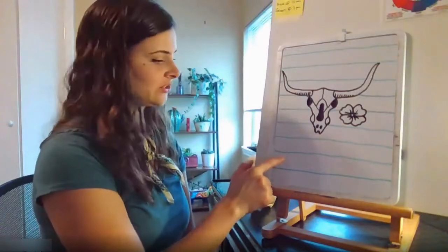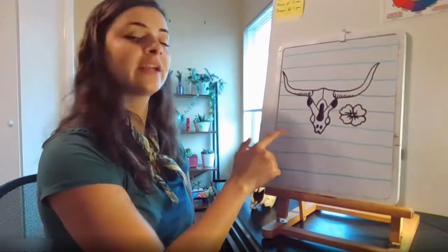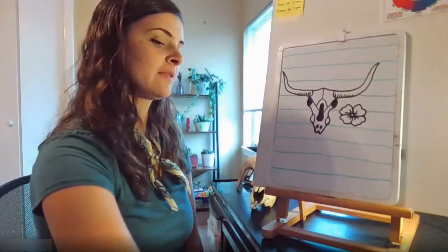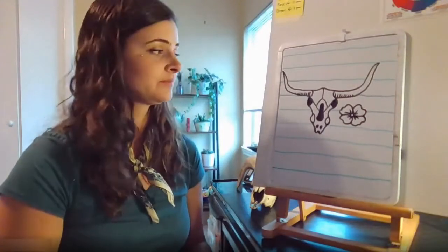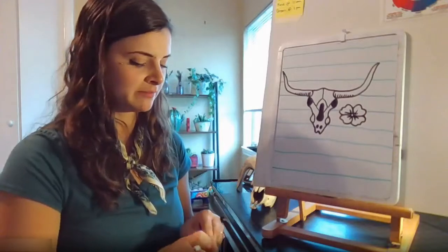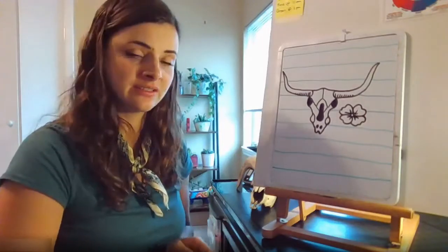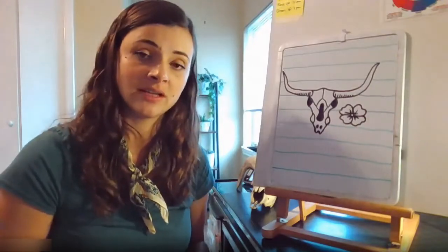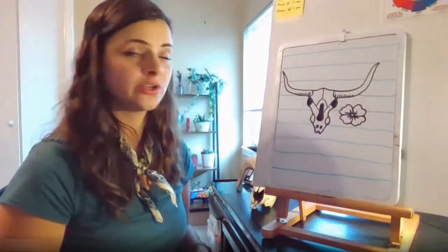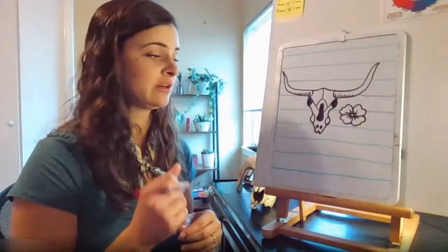Inside each of these strips that we just created, we're going to add a pattern. We're going to try to do a different pattern for each strip. So remember, patterns are repeated designs. If you want some inspiration, you can always look online for different patterns, or you can just pick a shape and repeat it over and over.